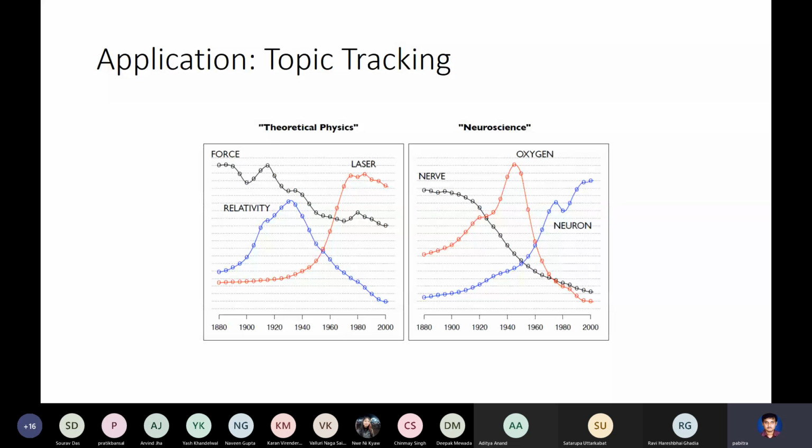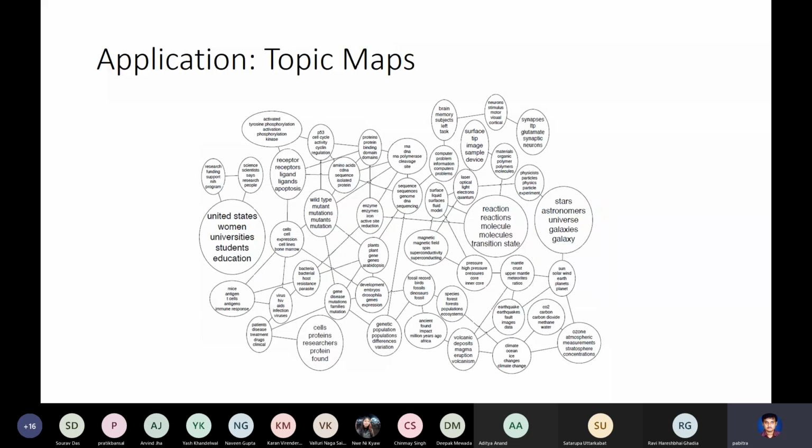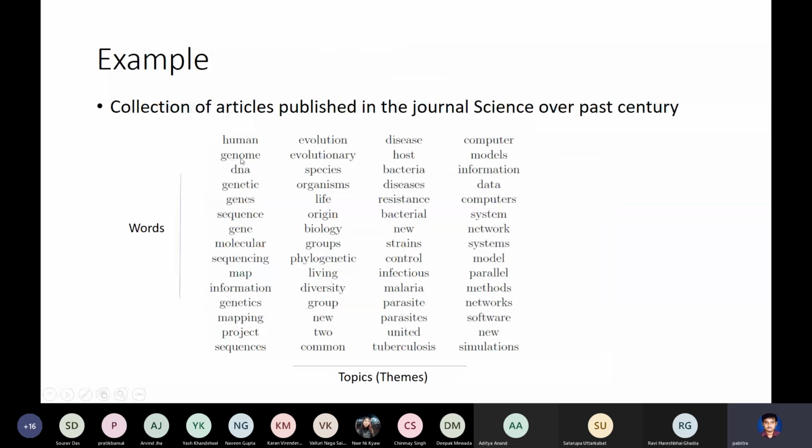All the advertisement media uses it a lot. You can have topic maps. So you can have a graph, or a knowledge graph so to say, relating the topics, depending on, say, how many common words they share. By the way, it is implied that one word does not appear in only a single topic. One word can appear in multiple topics.